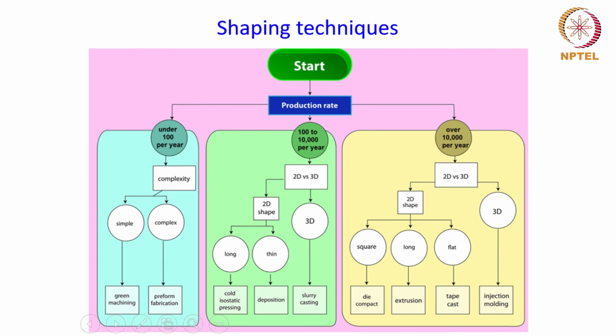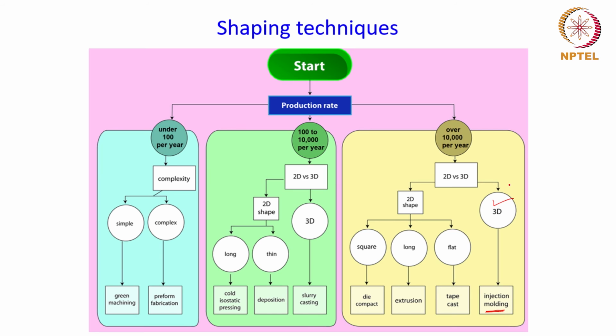Now let us come back to this diagram where it all started. So from here you can see what kind of shaping techniques are needed for what kind of shapes, and you can see injection molding is over here, and it can be used for making 3D shapes and complex shapes, right?